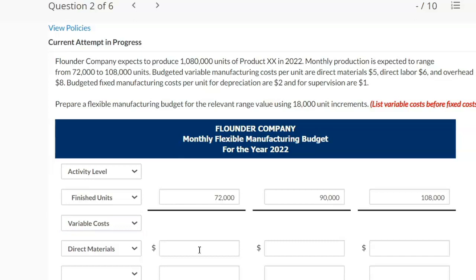So 72,000 multiplied by direct material, which is $5. And 90,000 times 5, that's 450. I'll use the calculator the good Lord gave me.